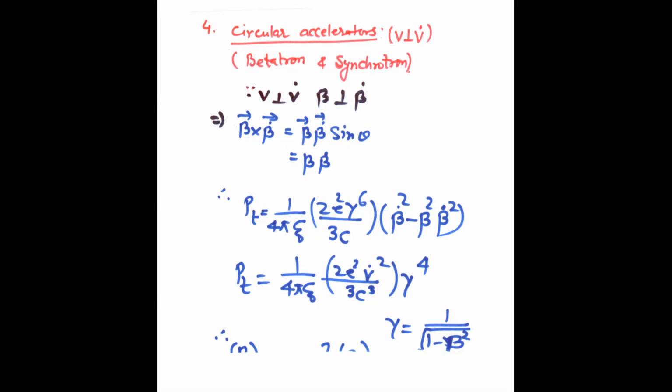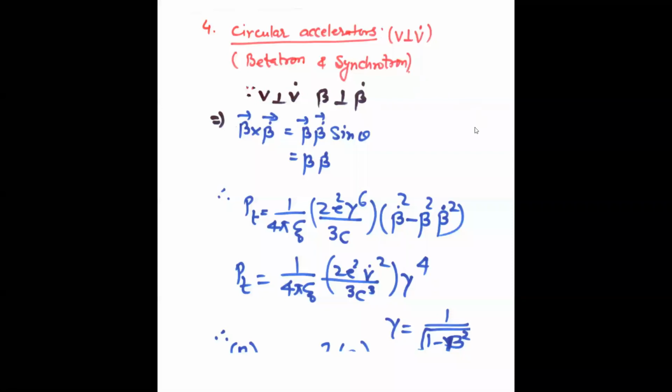Electron is called the beta particle. And synchrotron is also a device for accelerating protons and other charged particles. So in the circular accelerator, the velocity and acceleration are always perpendicular to each other.